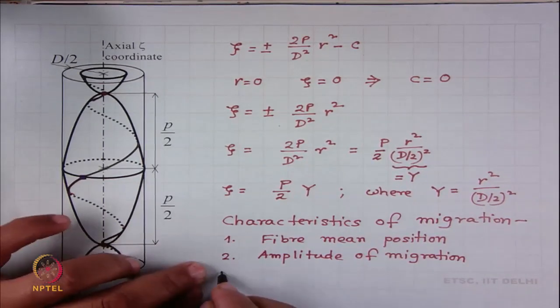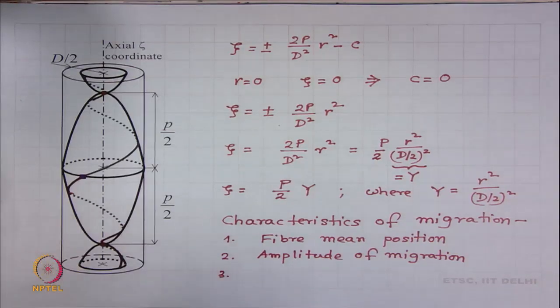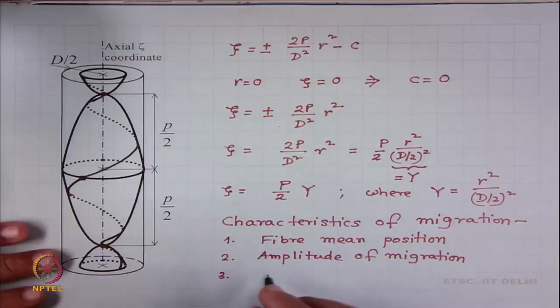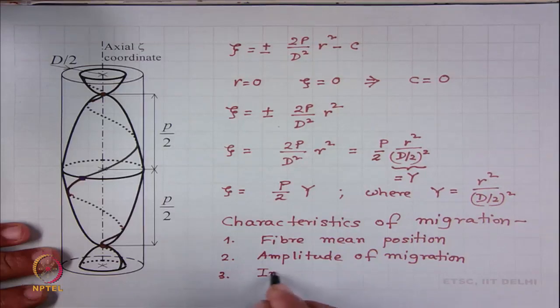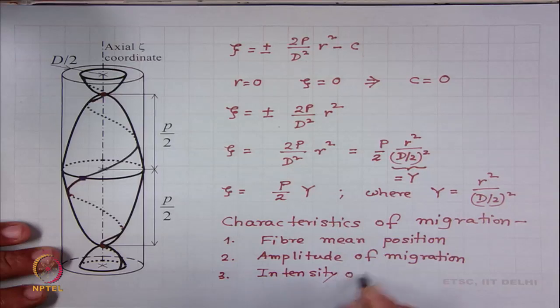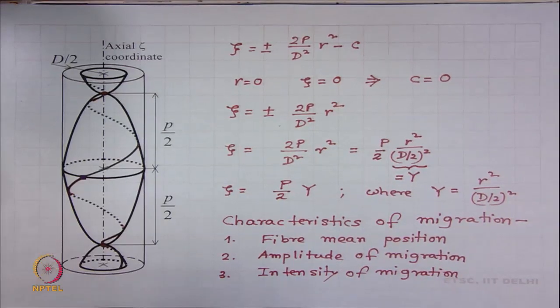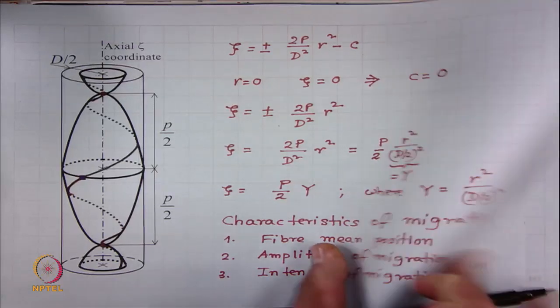Third is the intensity of migration. How intense is the migration, whether it is slow or fast. We would like to discuss these three characteristics now. First, start with fiber mean position.